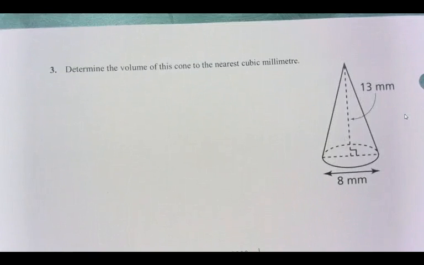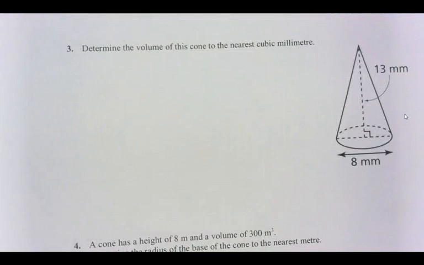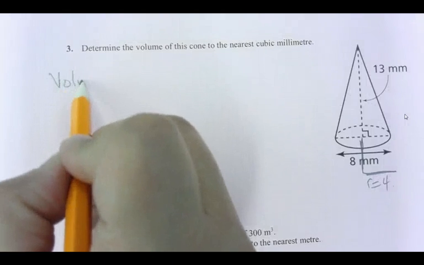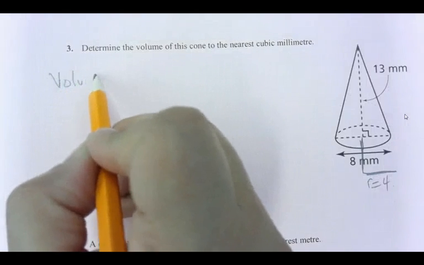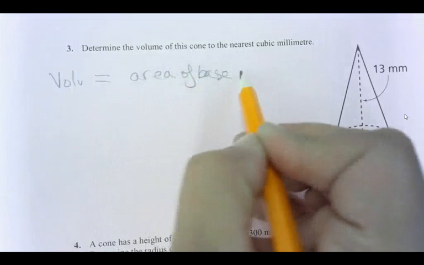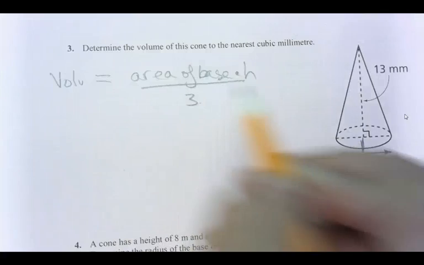All right. Next question. So here, this is going to be 1/3 of the volume of a cylinder, right? What is the radius here? The radius is from here to here, which is 4. So the volume of a cone is area of the base times the height over 3.